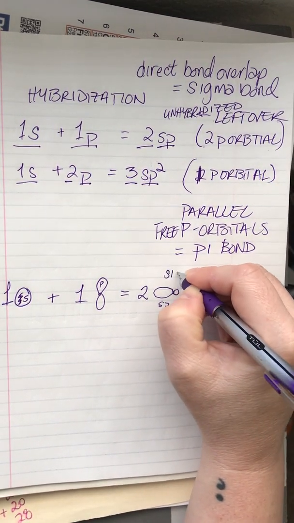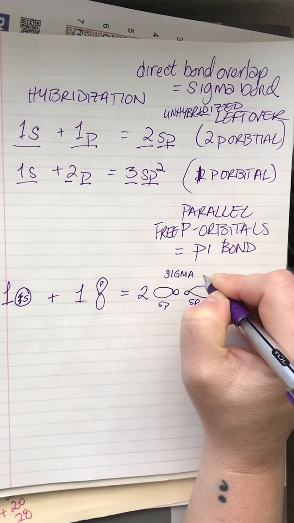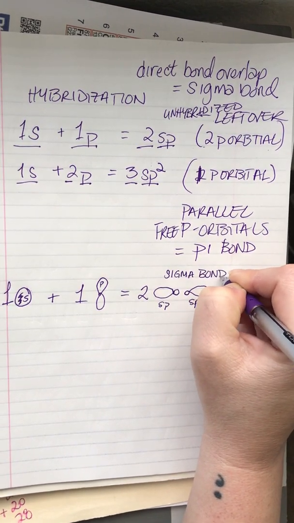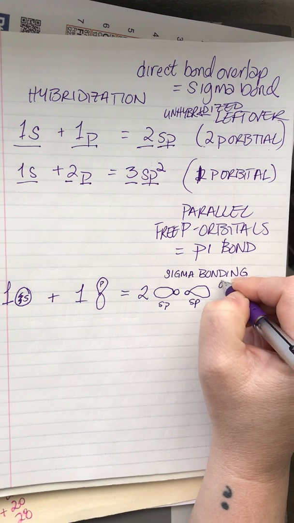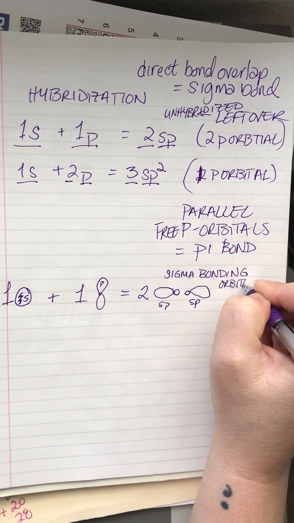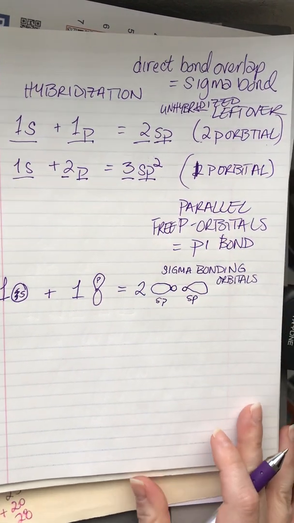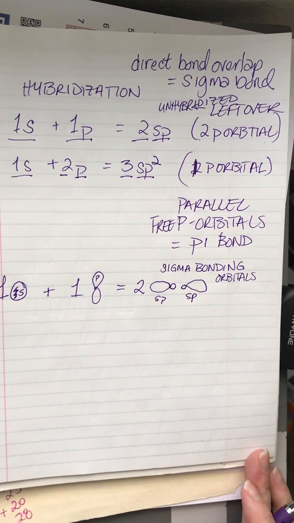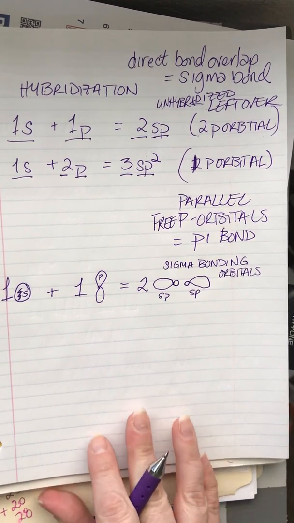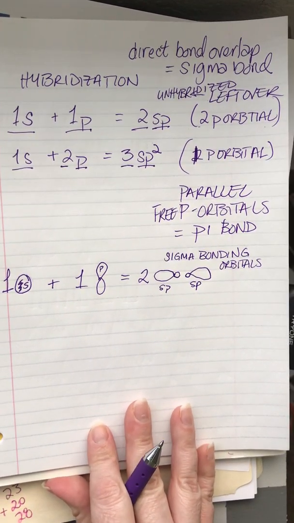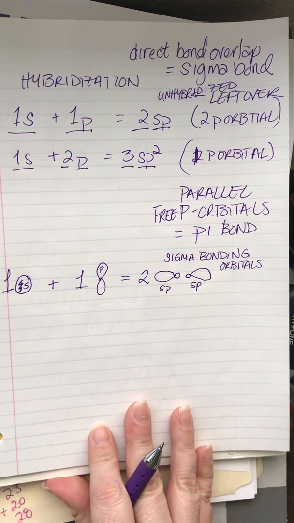So these would be sigma bonding orbitals. And you have two orbitals on the right side of your equal sign because you started with one and one, and then they end up being a little bit of each.